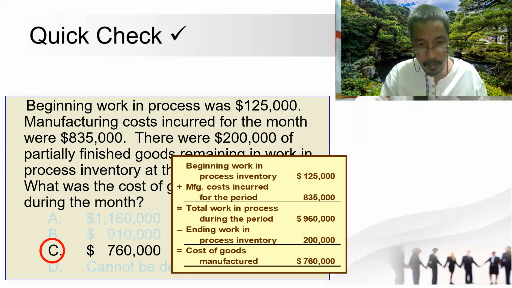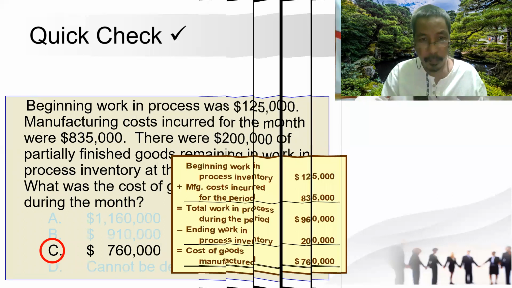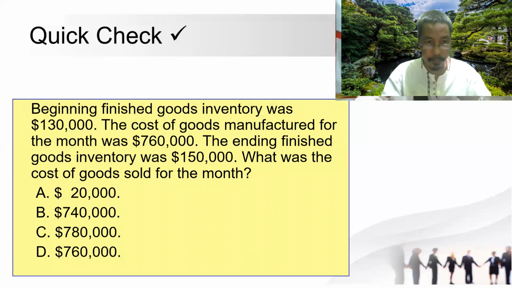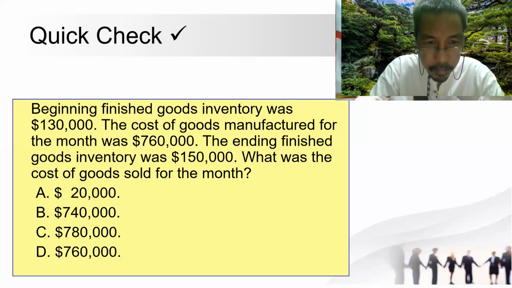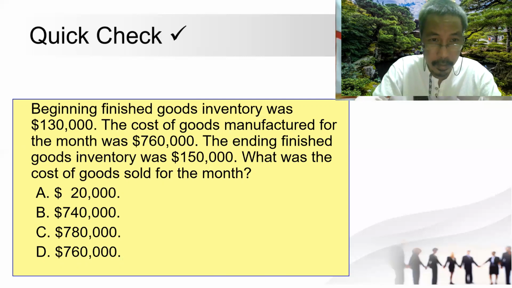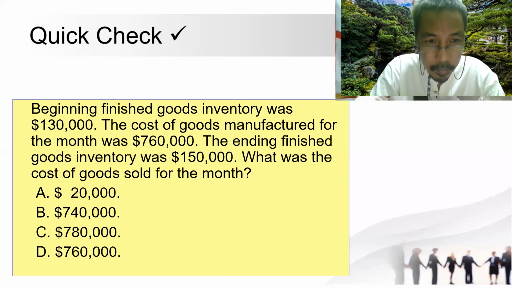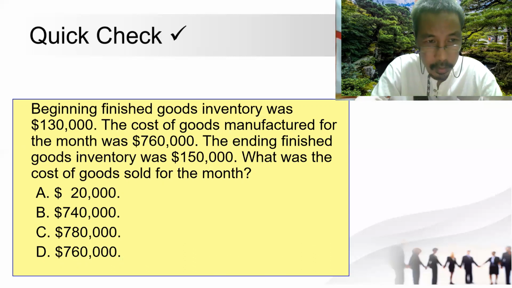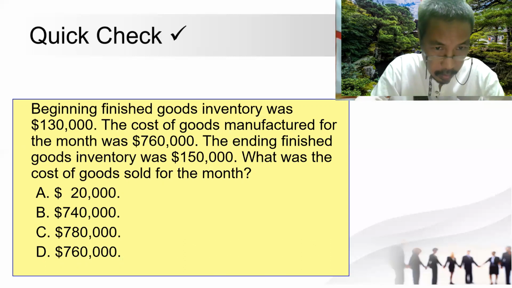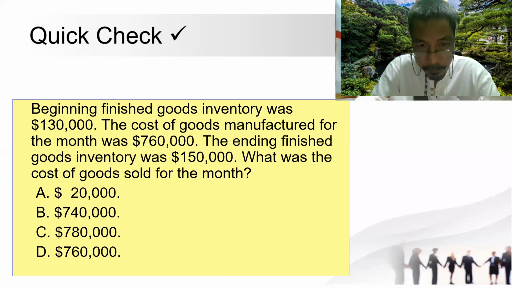Let us again go to the cost of goods manufactured and cost of goods sold. So inventory beginning 130. The cost of goods manufactured for the month was 760. So let us add 760 plus 130, that is 890.